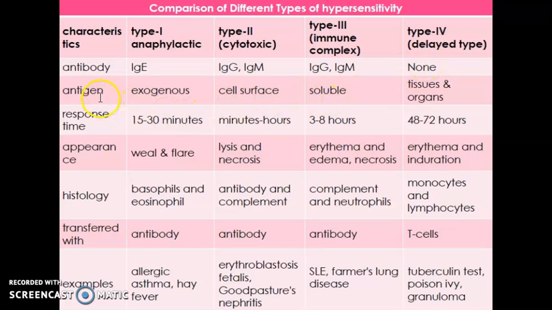And coming to the antigen, in type 1 hypersensitivity it's exogenous, in type 2 it's on the cell surface, in type 3 it's soluble, and in type 4 it's on tissues and organs.